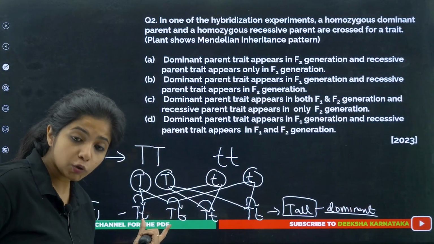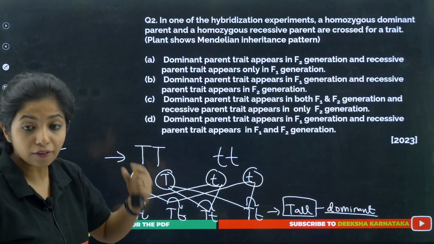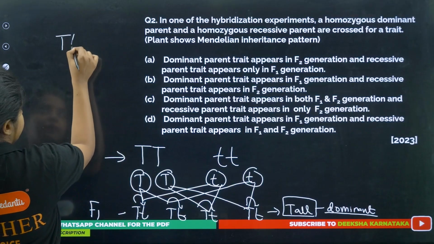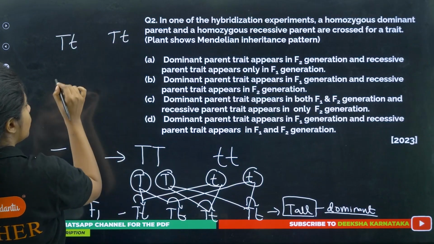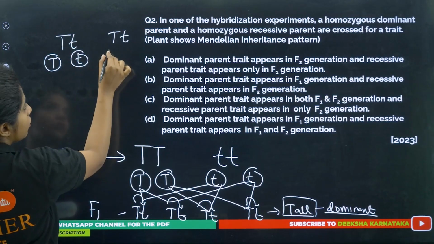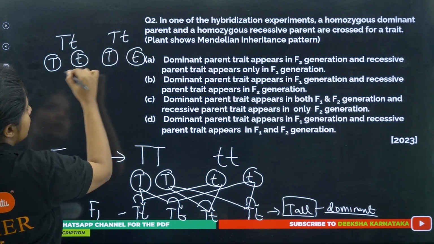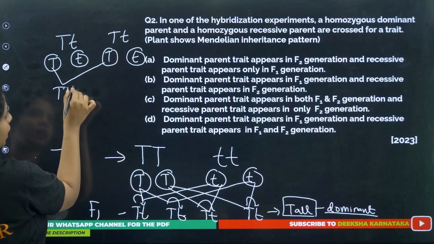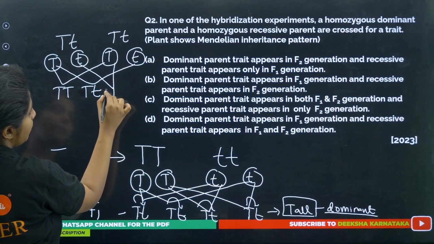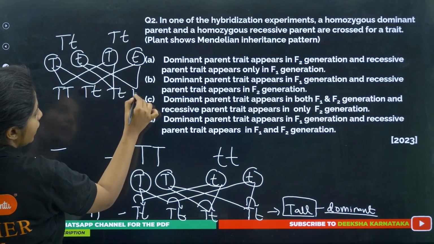Now, if I try to cross them and give the F2 generation, what will be the result? Let's see that. So I'm taking two of them, capital T, small t, capital T, small t. Over here, the gametes will be either capital T or small t. Here also capital T or small t. When I fuse, I get capital T, capital T, capital T, small t, capital T, small t, and small t, small t.